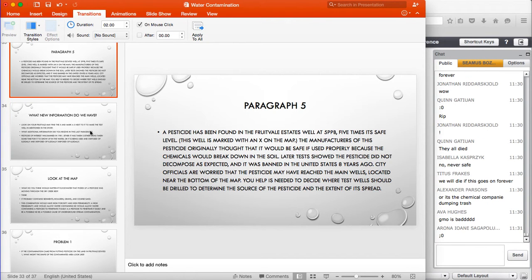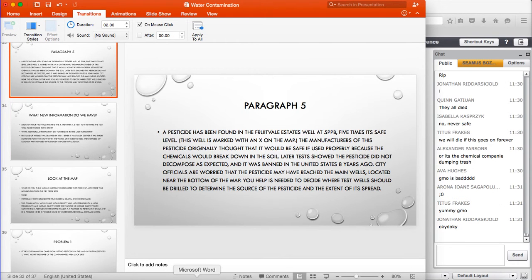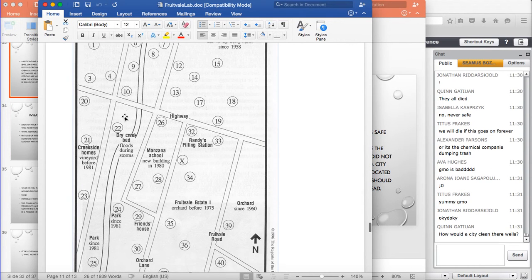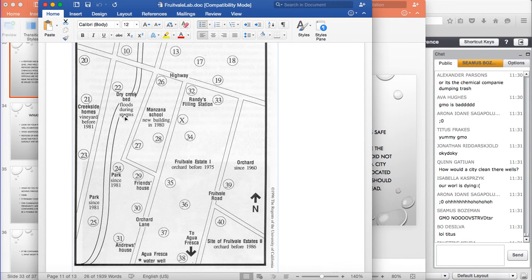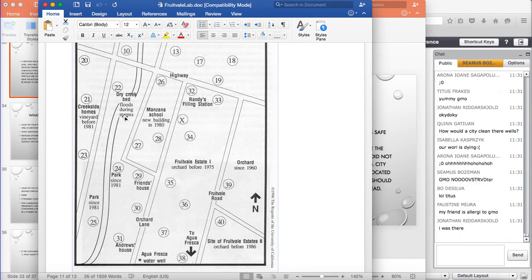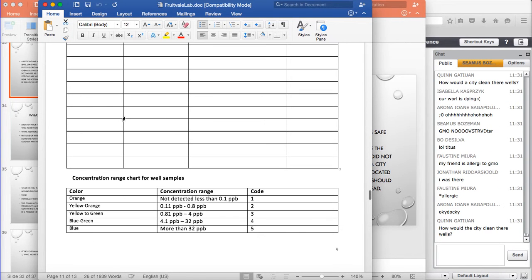So that's what we did last week, Wednesday: we went through and tested all 40 of these wells, and then I posted all of this information in a YouTube video, and I'm going to have you folks use the information from the YouTube video to put in the different codes that the wells are rated at.